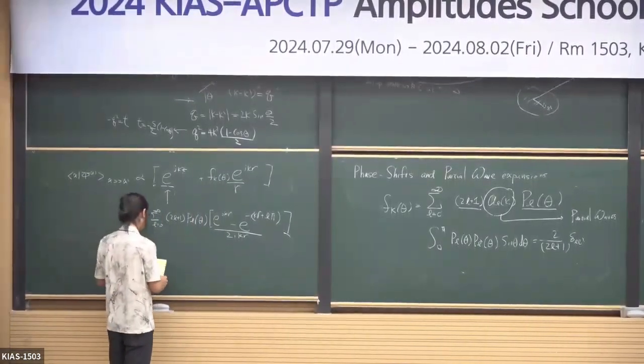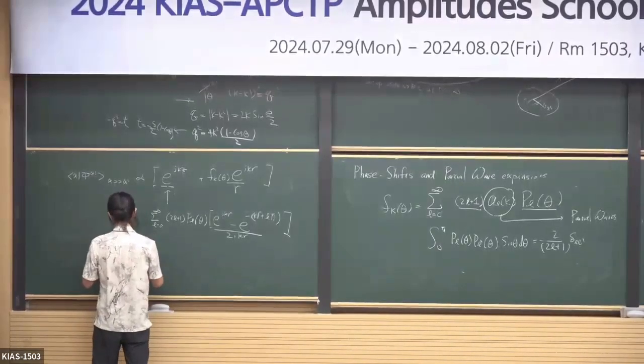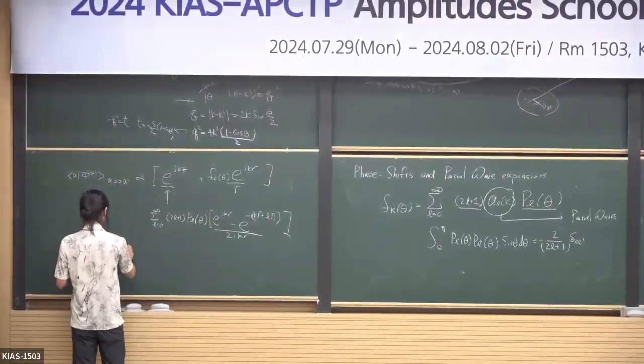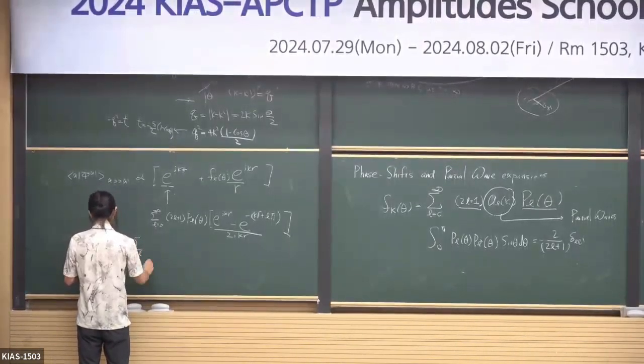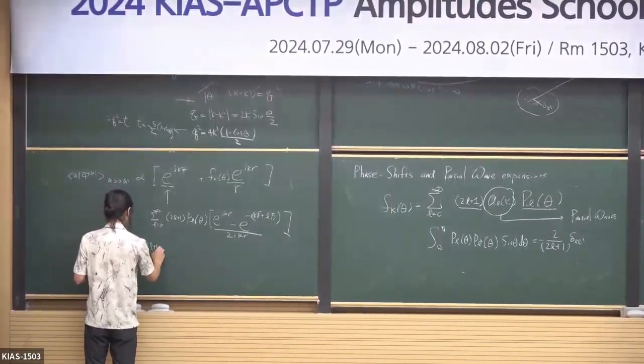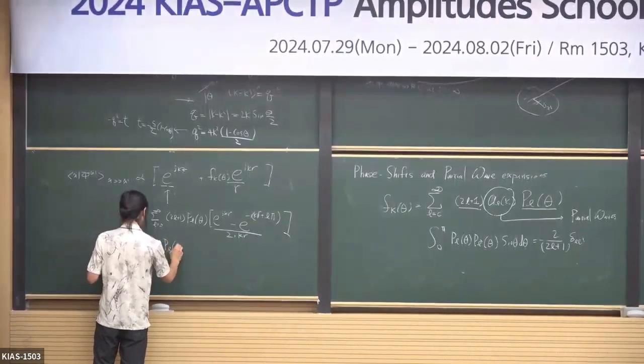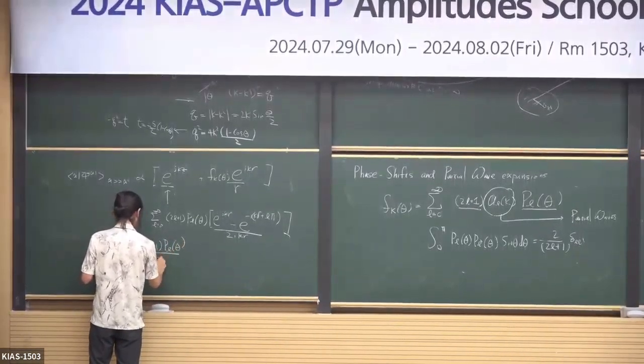So that means that my entire wave function is going to be proportional to a sum over l of 2l plus 1, P_l(theta), over 2ik.